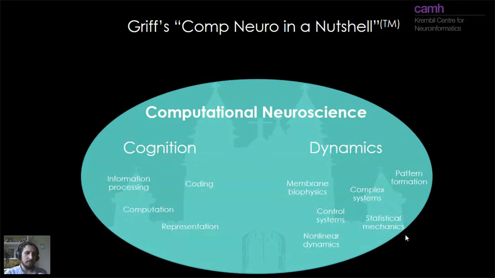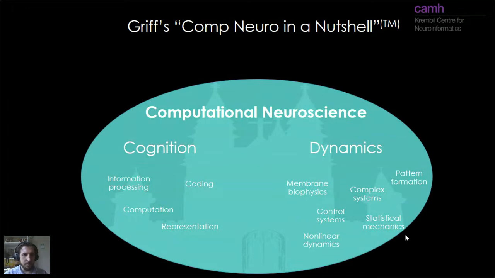So on the one half, let's say, I don't know if the numbers are half and half. It will be interesting to try and determine that actually. But conceptually, one half of the domain is research and ideas and theories that are aiming to address questions around basically information processing.